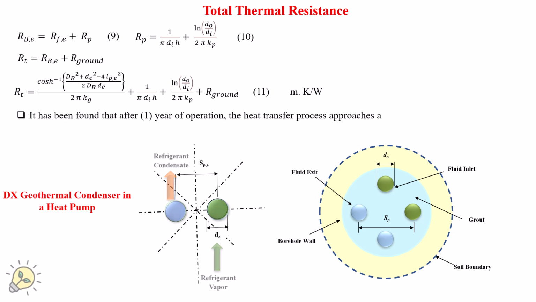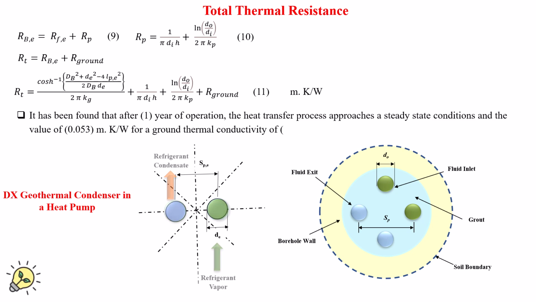And previously we have described that under steady state conditions, which can be achieved after 1 year of operation for the heat exchanger, as it has been approved by other investigators, then the R ground equals 0.053 meter Kelvin per watt, where the thermal conductivity of soil equals 2.42 watt per meter Kelvin.